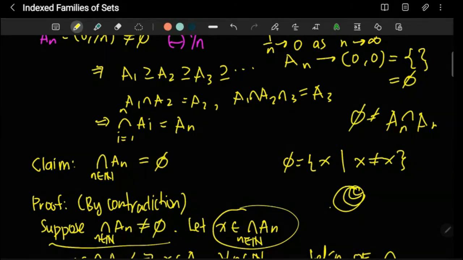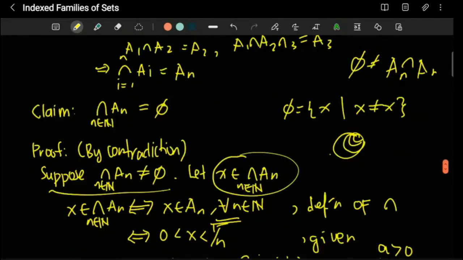For any two sets, the intersection is not empty. For any set, it is not empty. But if you get the intersection of all these sets, the intersection is empty. So that's how amazing and mysterious infinity is. That's what happens if we take all the sets as n approaches infinity. It's possible because of the mysteries of infinite numbers.